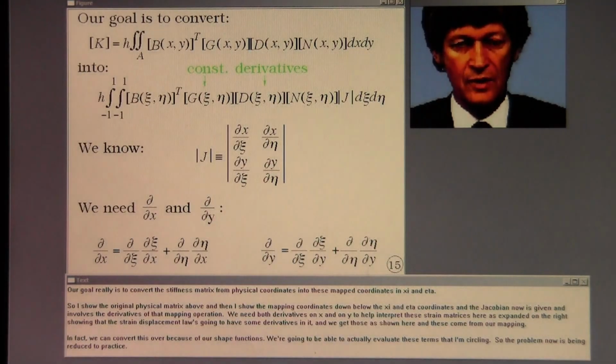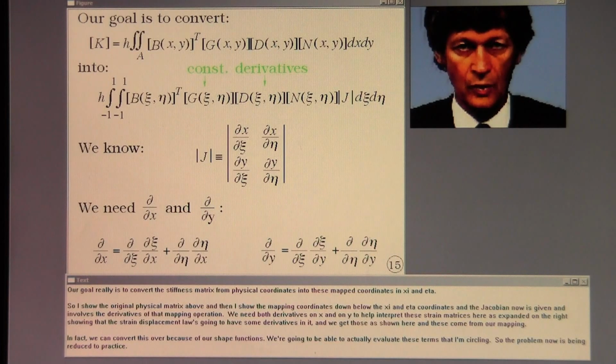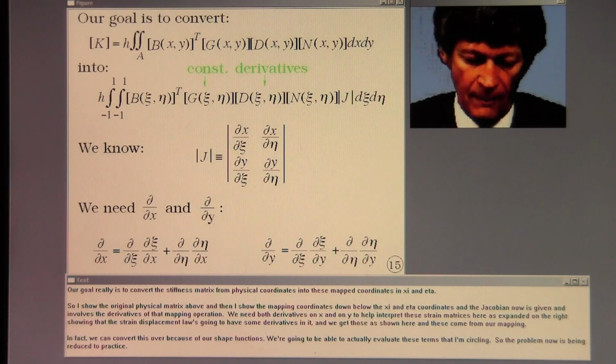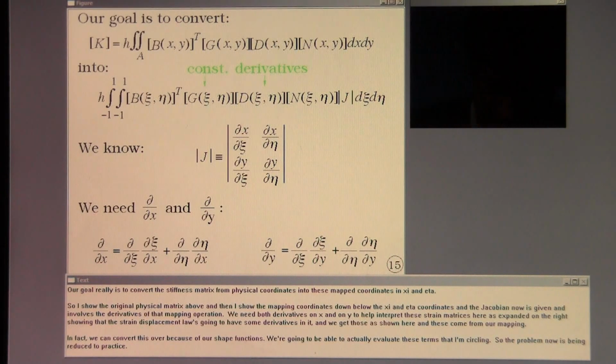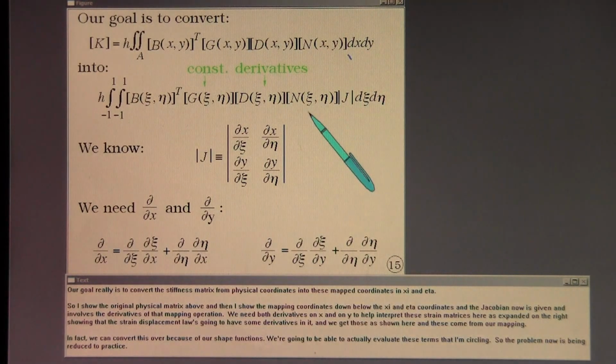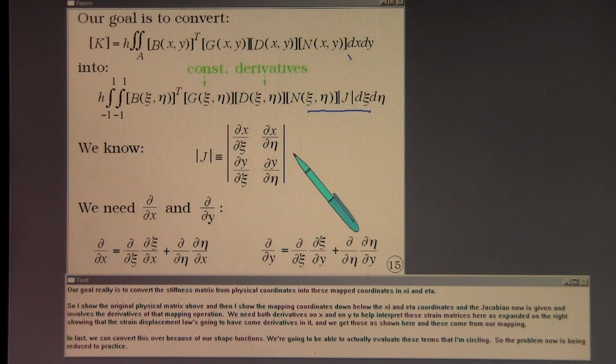Our goal really is to convert the stiffness matrix from physical coordinates into these mapped coordinates xi and eta. So I show the original physical matrix above, and then I show the mapping coordinates down below, the xi and eta coordinates. And the Jacobian now is given and involves the derivatives of that mapping operation.